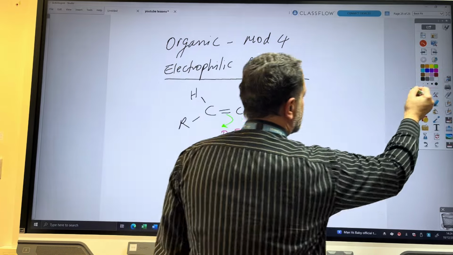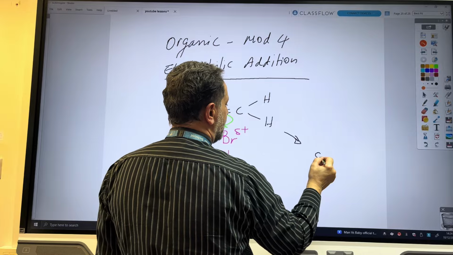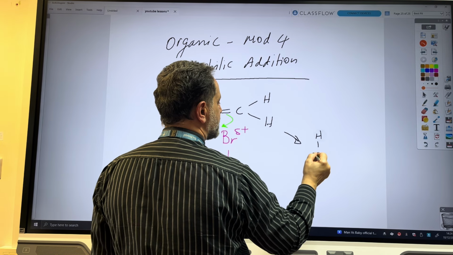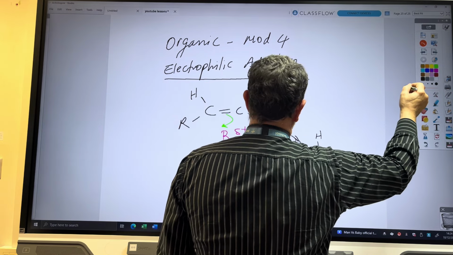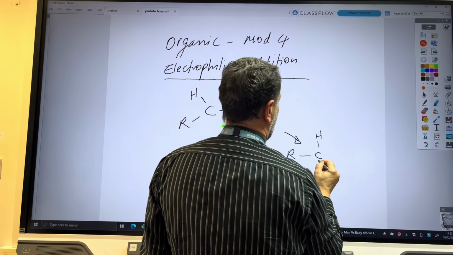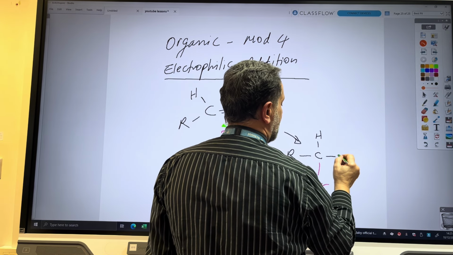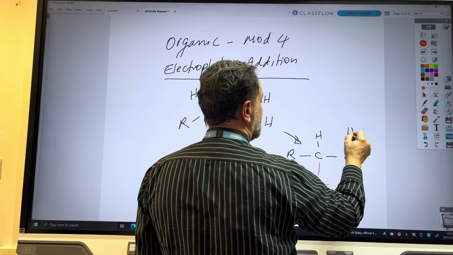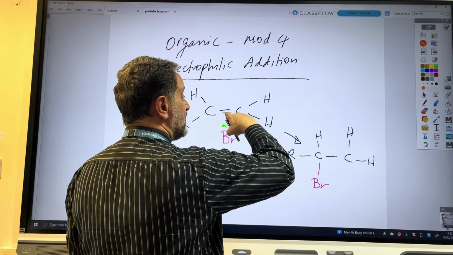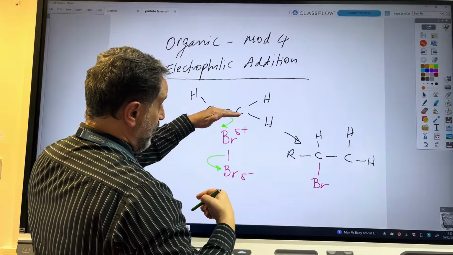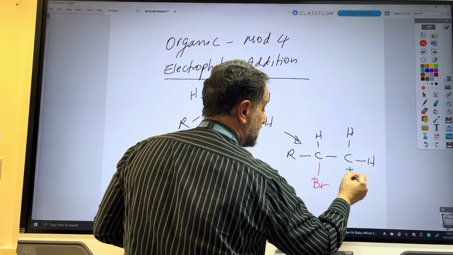Now let's imagine the scenario is as follows. You have your carbon there, you have your hydrogen there, you have the R group there, and now, which color did I use? That one. And now you have that bromine sitting over there. Then you have the adjacent carbons sitting next to these hydrogens. But now, because the electrons have been taken away from that carbon over there, that carbon becomes positively charged.